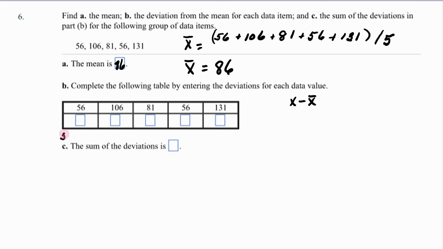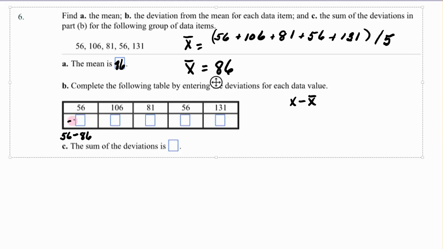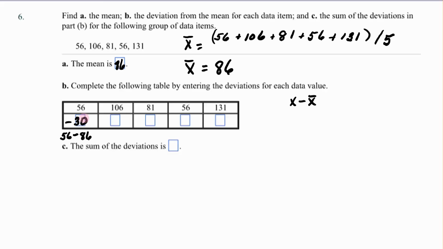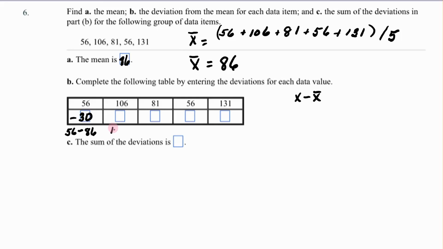So 56 minus 86. That gives me negative 30. I have 106 minus 86. That gives me 20.